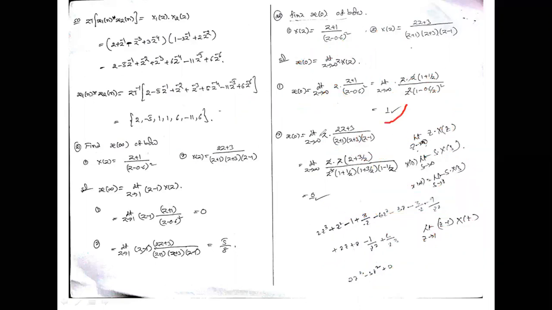In similar fashion, you can substitute z tends to infinity in z into (2z plus 3) over (z plus 1)(z plus 3)(z minus 1). Take z as common in the numerator: 2 plus 3 by z. And here also take z as common in all the three terms. That becomes z cube, 1 plus 1 by z, 1 plus 3 by z, and 1 minus 1 by z.